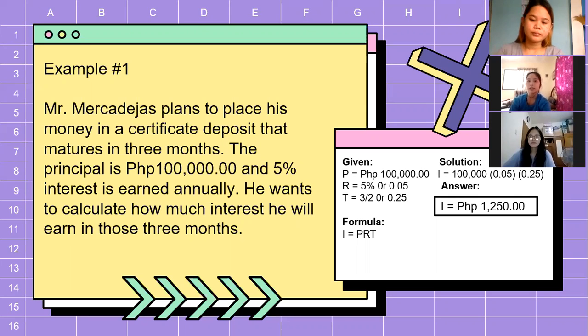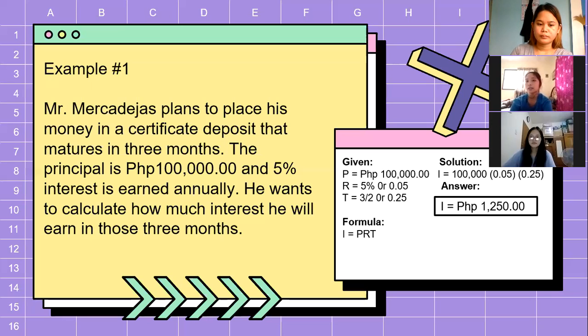He wants to calculate how much interest he will earn in those 3 months. The given are P is equal to 100,000 pesos, R is 5% or 0.05, and T is equal to 3/12 or 0.25. The formula we will use is I equals PRT.